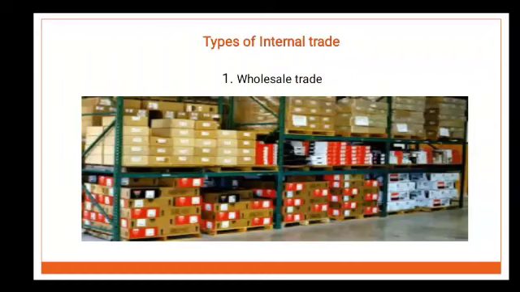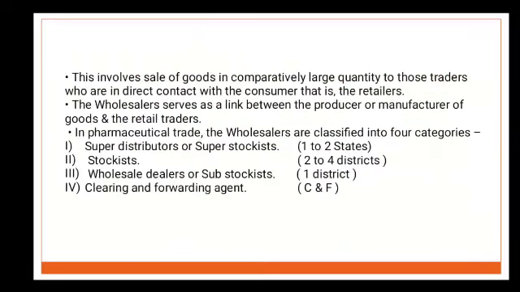Then, types of internal trade. First type, wholesale trade. This involves sales of goods in comparatively large quantity to those traders who are in direct contact with the consumer, that is, the retailers. The wholesalers serve as a link between the producer or manufacturer of goods and the retail traders.